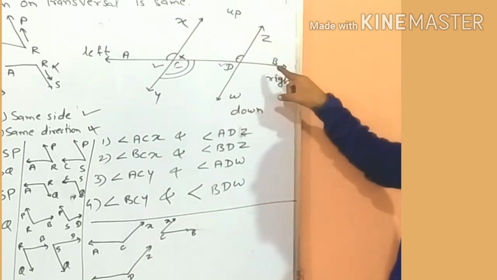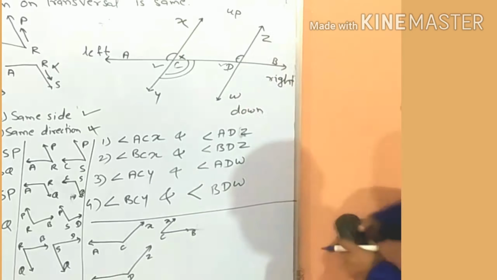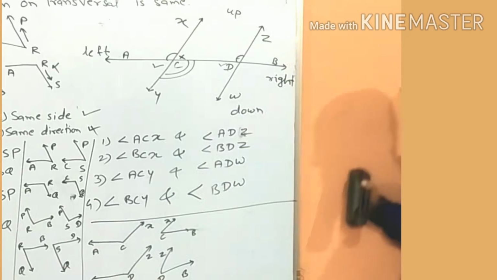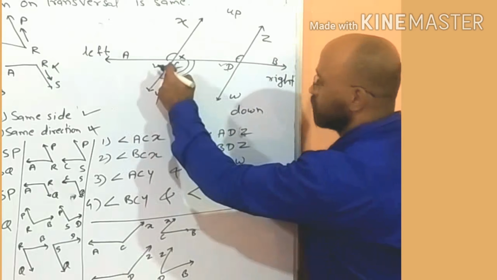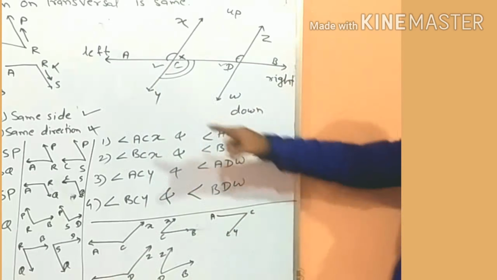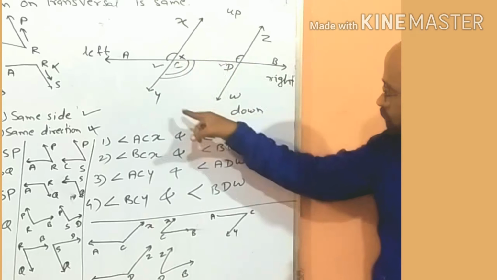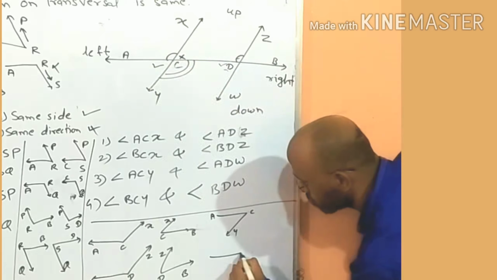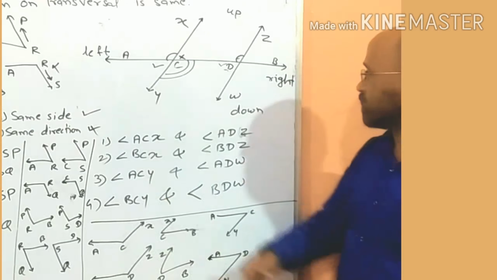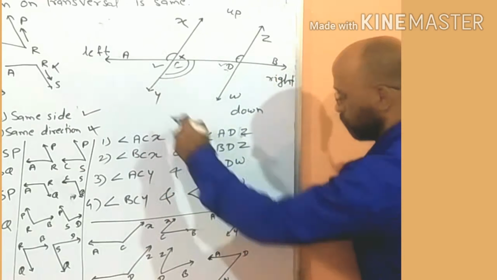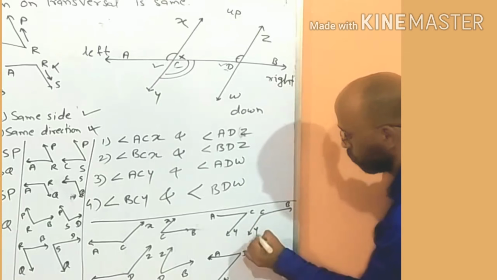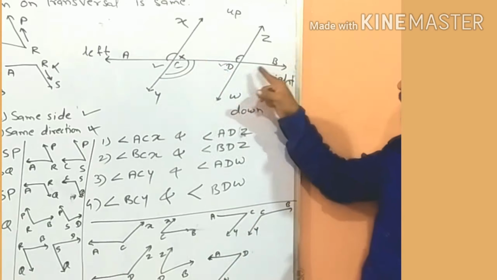So its corresponding BDZ is also having same orientation. Got it, students? Third one is ACY. So its corresponding will be this angle, ADW. Final one is BCY. This is BCY. And its corresponding is BDW.